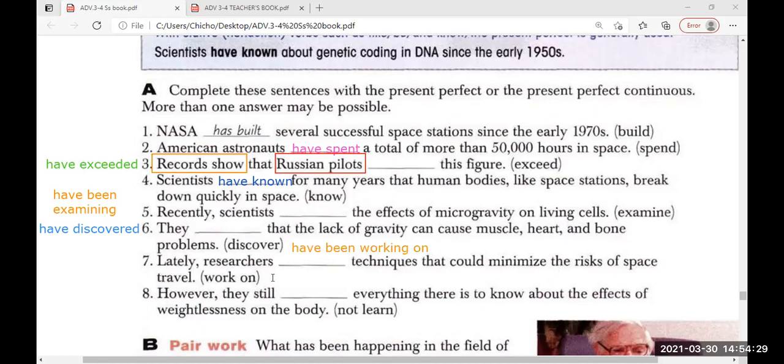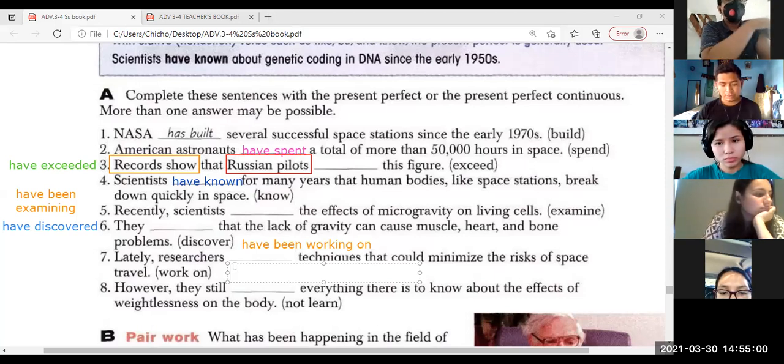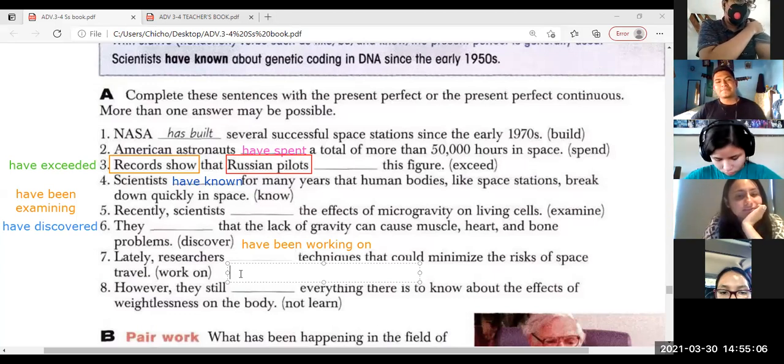Number 8, however, they still... everything there is to know about the effects of weightlessness on the body. What do you write here? Let's go with Daniela Duran. What is your answer in number 8? With present perfect, haven't learned.